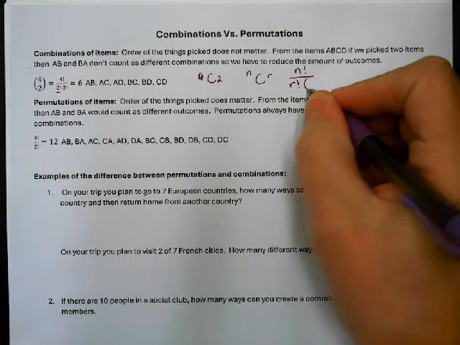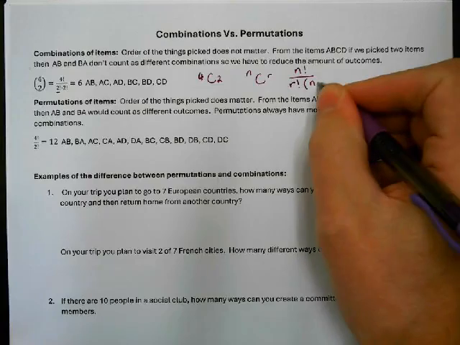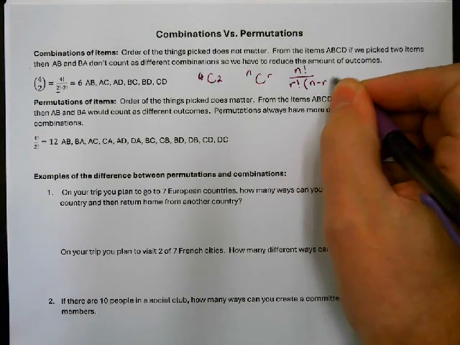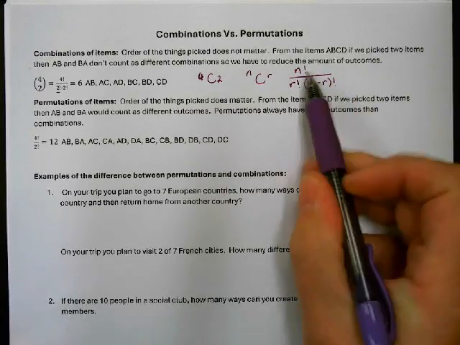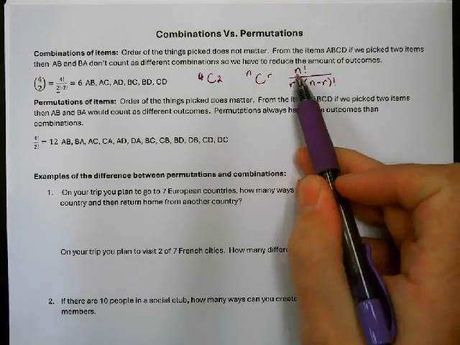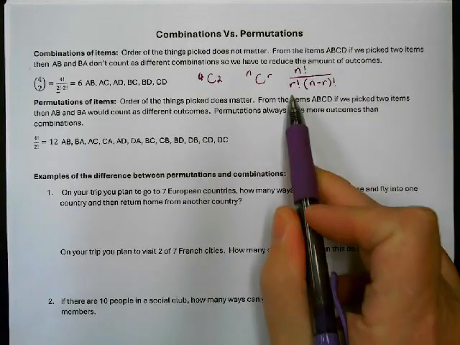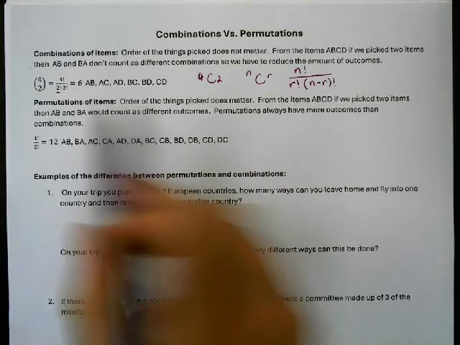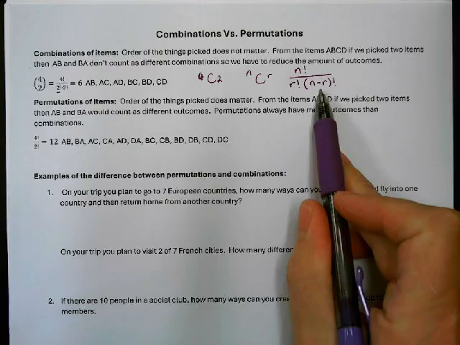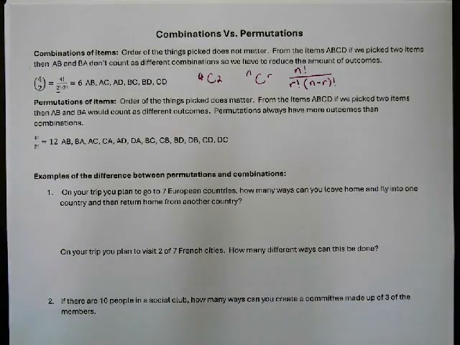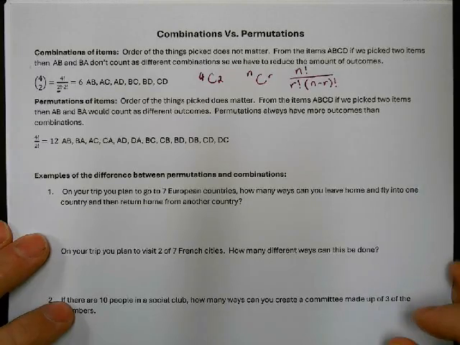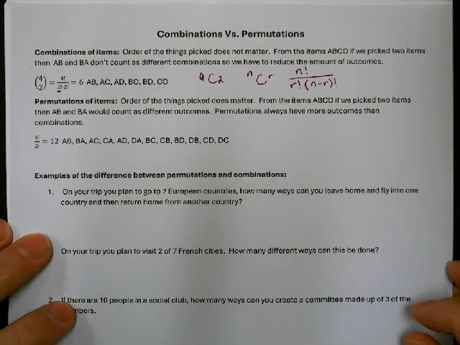And then we also do n minus r factorial. We explained it as n factorial, the total number of items, that's 4. The things that you are picking, there were 2 things we were picking, and then the things that you're not picking. You can order the things that you're not picking a whole bunch of ways and it doesn't matter, because you're not picking them.